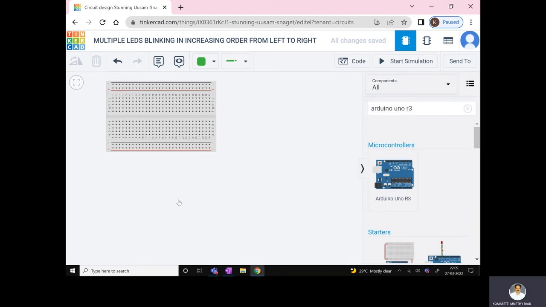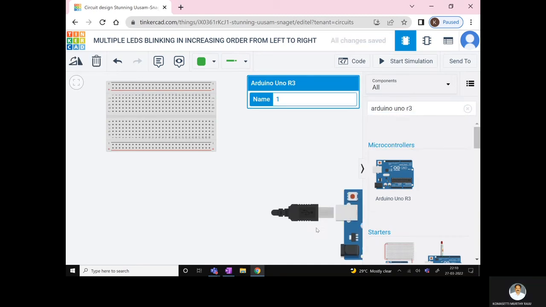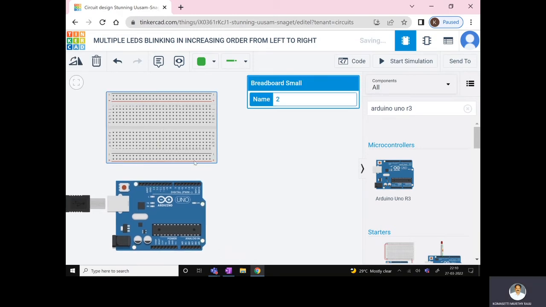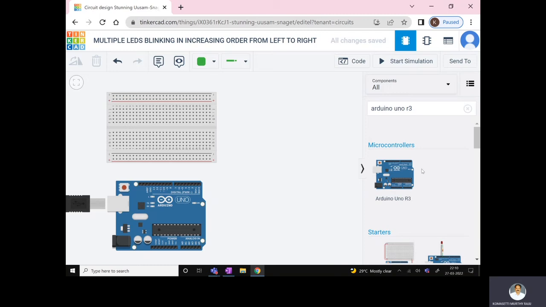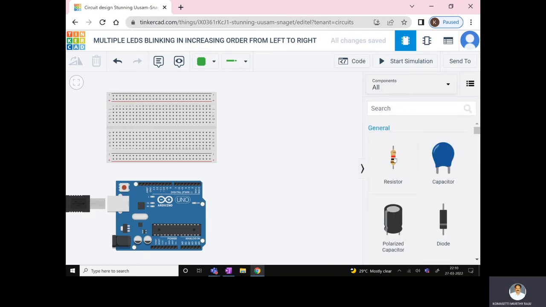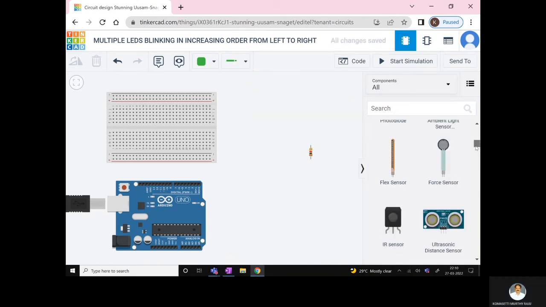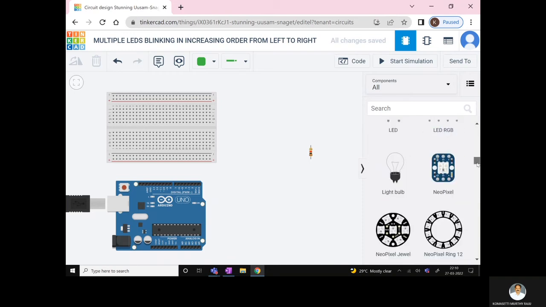This one is selected. And then 5 LEDs of different colors. Resistors are 5, and 5 LEDs.